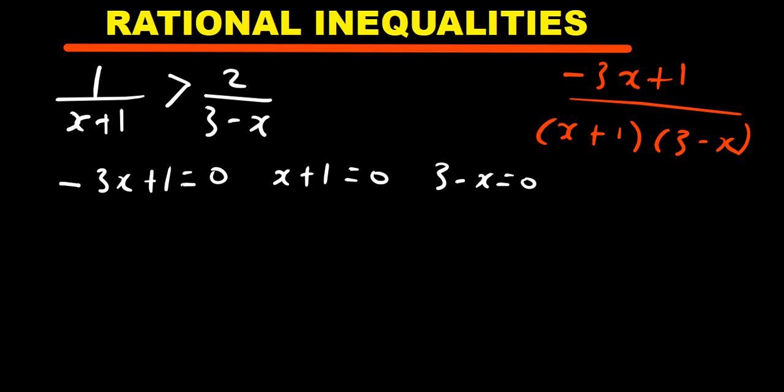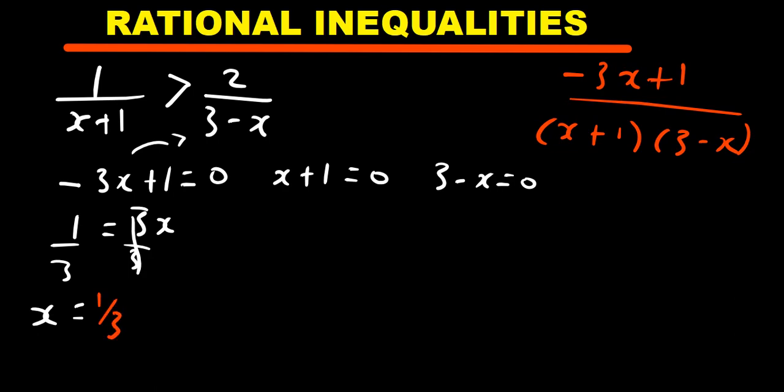When we do this, negative 3x plus 1 equals 0, so when I take the negative 3x to the other side, it becomes 3x. For me to remain with my x, I divide by 3 on both sides, so x is equal to 1 over 3. On the other side, x is equal to negative 1.